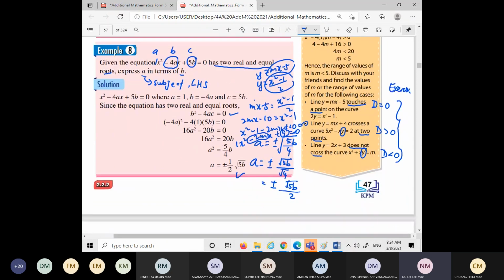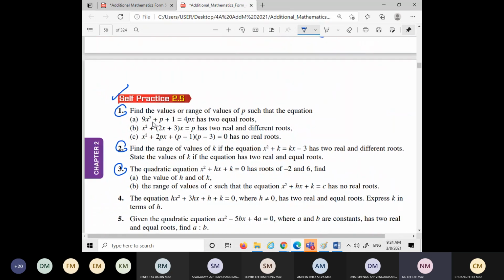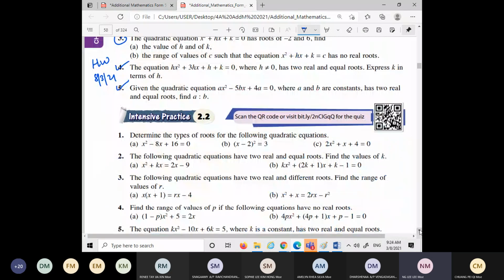Okay, we continue. That day I only gave 3 questions, so continue today's. You do these questions and these questions. This is homework for today. And also this exercise.